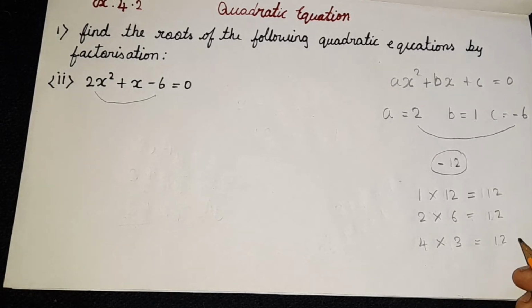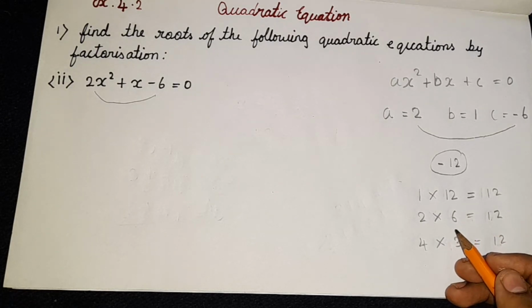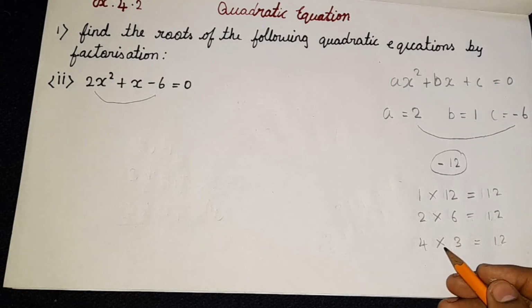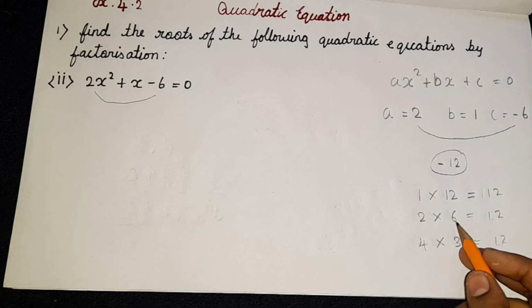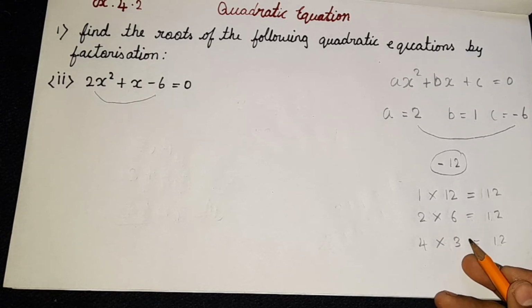We are supposed to find in whichever tables we get 12, and write those factors down. That is the meaning of factors of 12. We get 12 in the 12 table, the 6 table, the 4 table, the 3 table, and the 2 table. If you put it the other way around, it is the same.